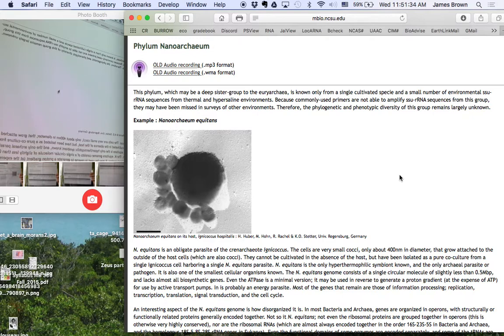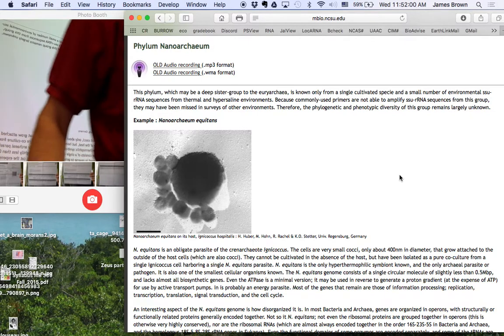There are some tRNAs in this genome where a piece of it's encoded here, a piece of it's encoded over here, and then the two are brought together by trans-splicing. So trans-splicing is where you put the thing together like it's got an intron, and you get splicing, but what started out as two separate RNAs instead of a single RNA. The ribosomal operons aren't encoded together. It's a disaster in terms of gene organization.